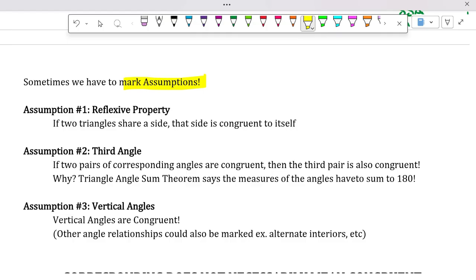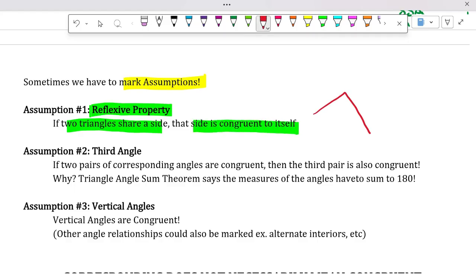In other words, like the first one, it says the reflexive property. We already talked about that. It's where two triangles share a side. So that side has to be congruent to itself. All right, so in other words, if I had these two triangles marked, the reflexive property would be that side that we can mark congruent to itself because they share it.